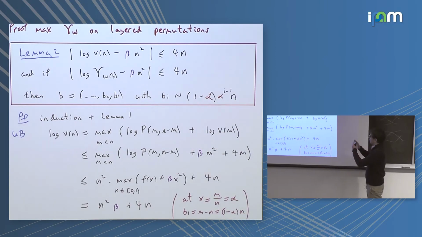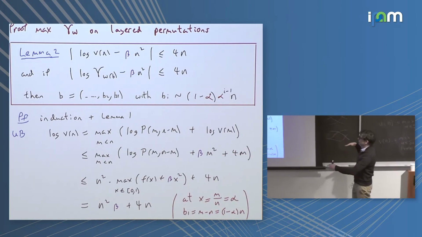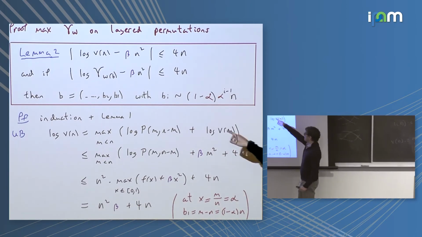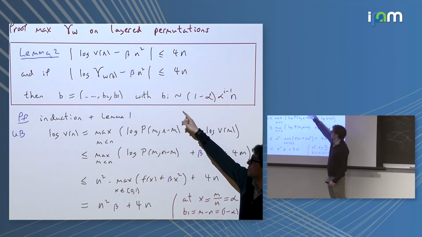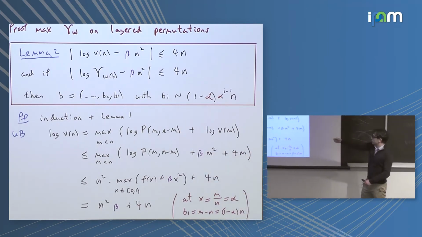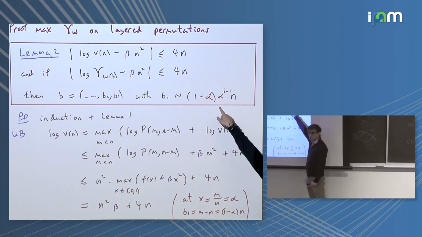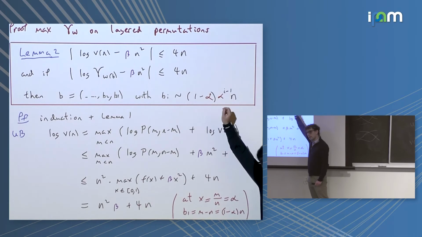And moreover, if the logarithm of the principal specialization of a layered permutation is within 4n of that beta n squared, then the composition of that layered permutation follows that geometric progression with the value of that maximum alpha.